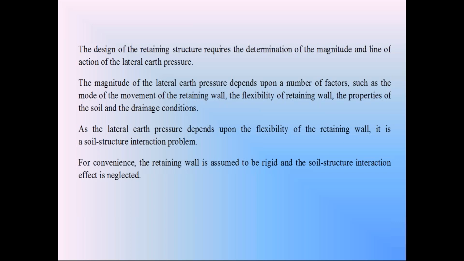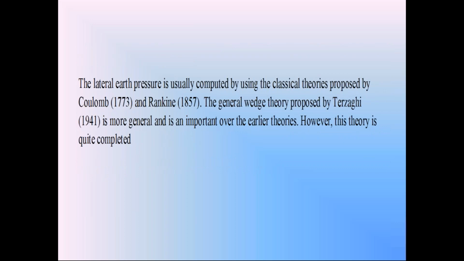Then we are going to discuss what are the different types of lateral earth pressures. Lateral means horizontal. What are the different types of horizontal earth pressures acting on the retaining walls? Now, before that, to find out the magnitude of lateral earth pressures or horizontal earth pressures acting on the retaining walls, we have different theories.